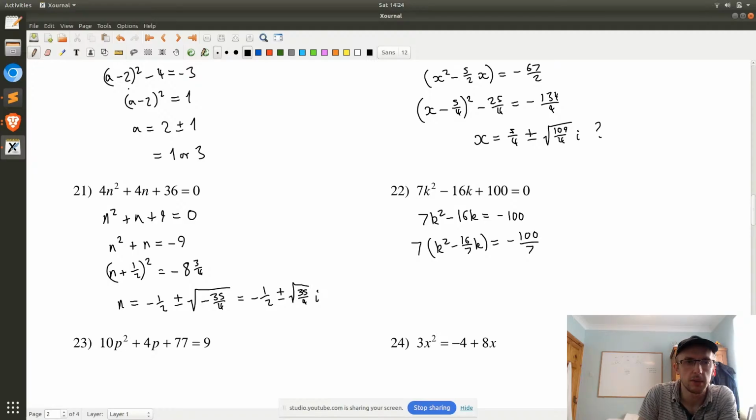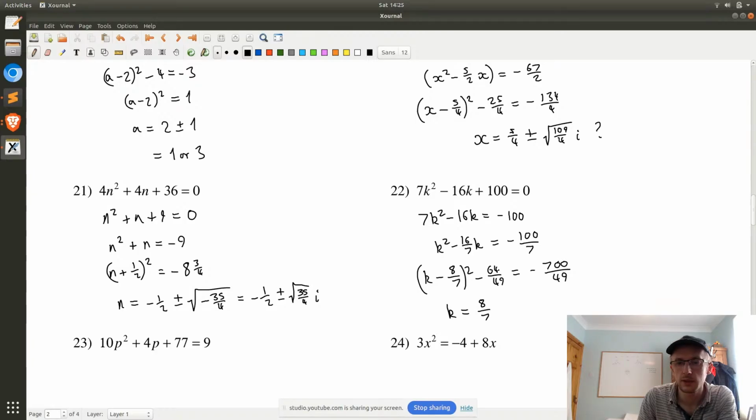Let's just divide all that by 7. Let's just do that. Know what I mean? On the right. Okay. 8 over 7.